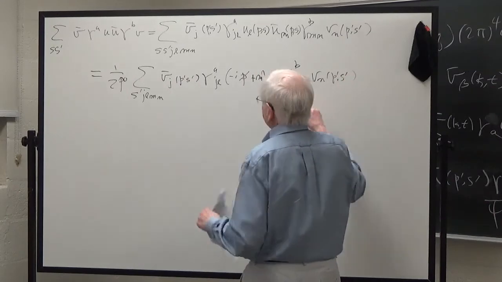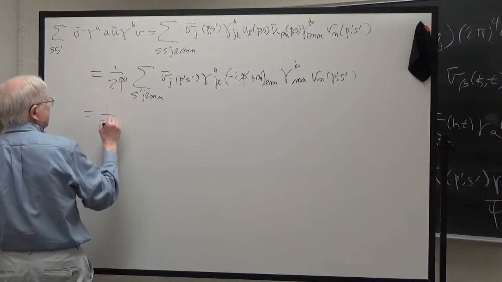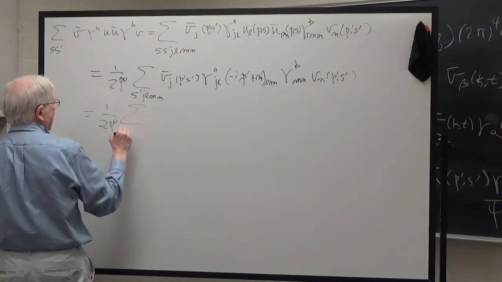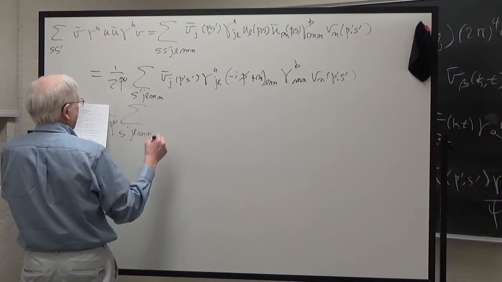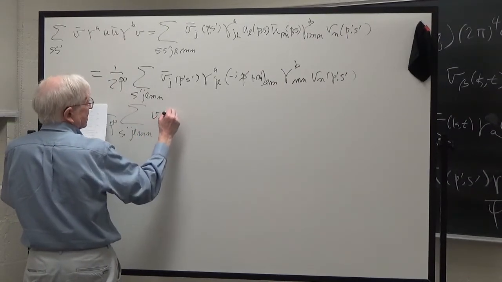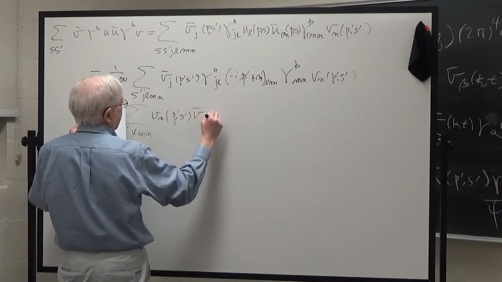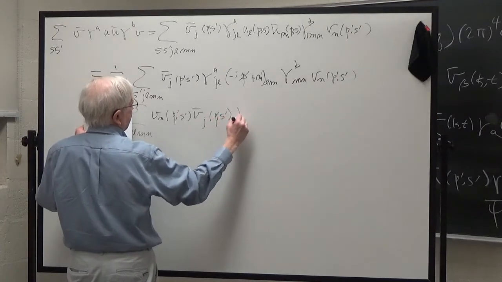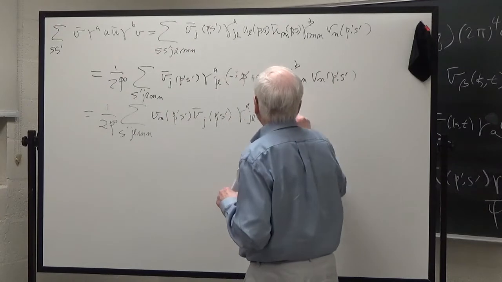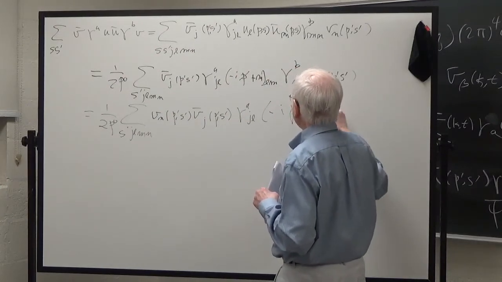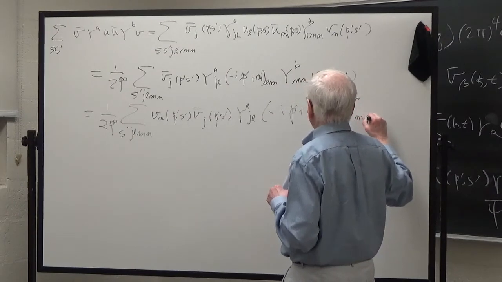And now you see you can rewrite that as 1 over 2p0, sum over s prime, J, L, M, N, v_N of p prime and s prime, v bar_J of p prime s prime, gamma^A_JL, minus i p-slash plus m, LM, gamma^B, MN.